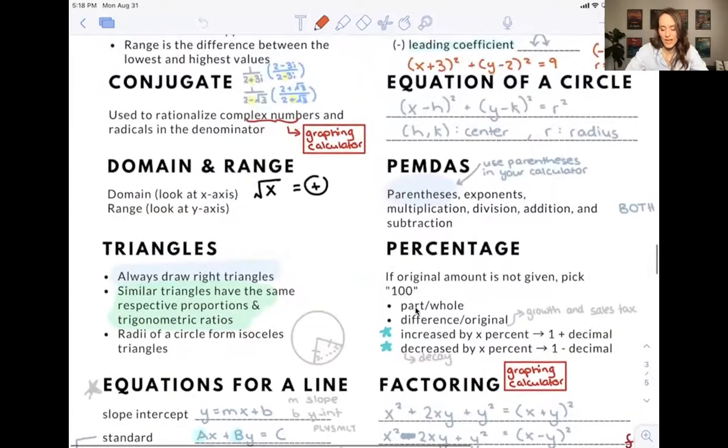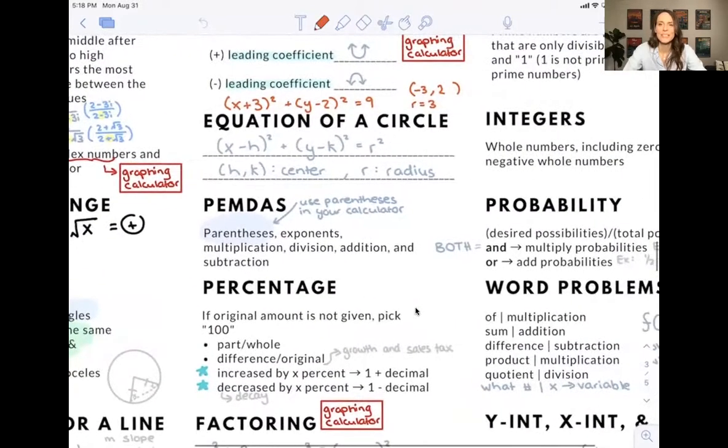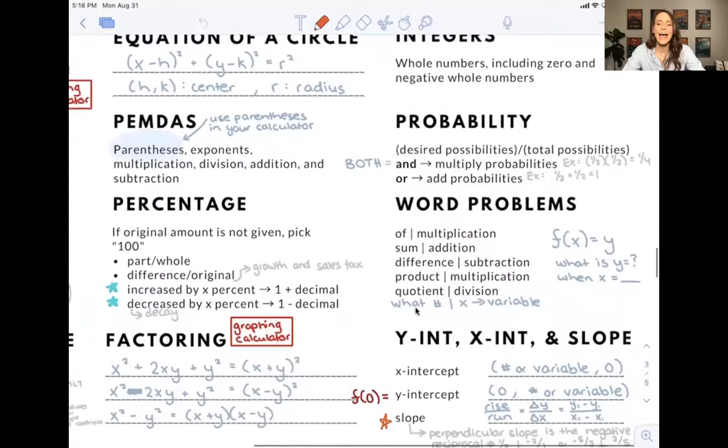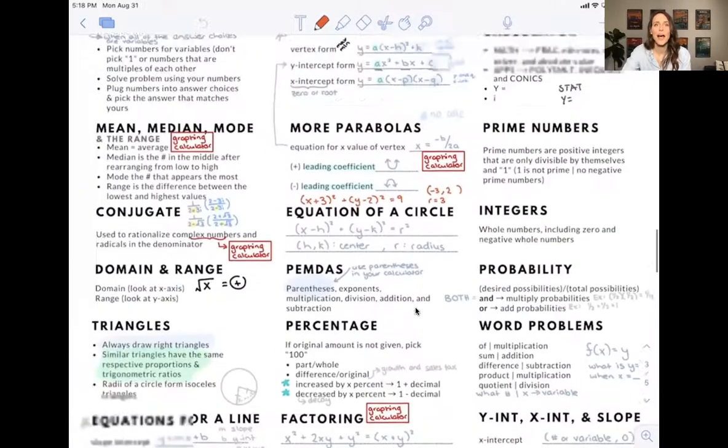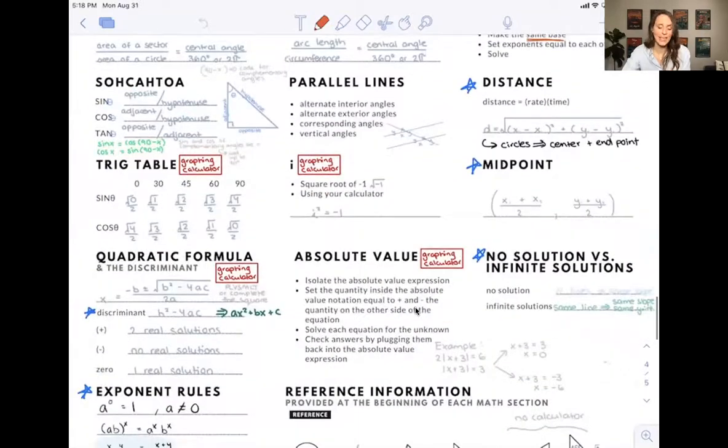Do I see a triangle? Do I need to be worried about the domain? Do I see a radical, or is something divided by a variable, so I need to make sure that I'm not dividing by 0? Is this a circle? Does this deal with probability? I am thinking about the question in terms of the concepts that are on this page, front and back.